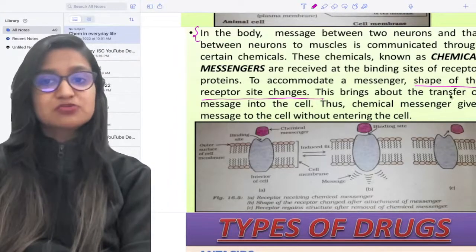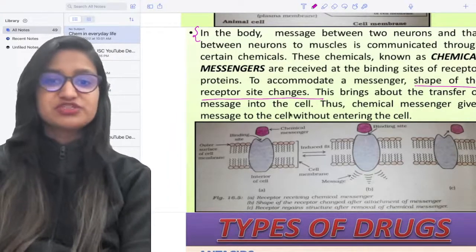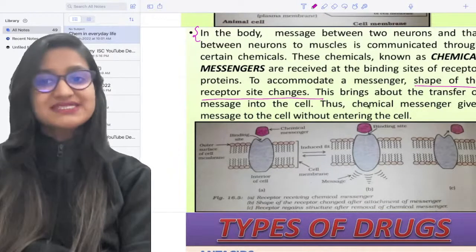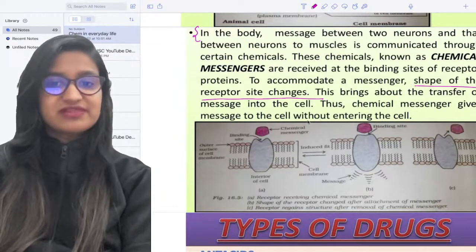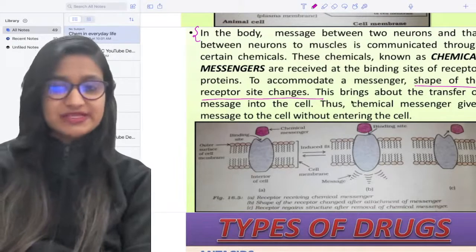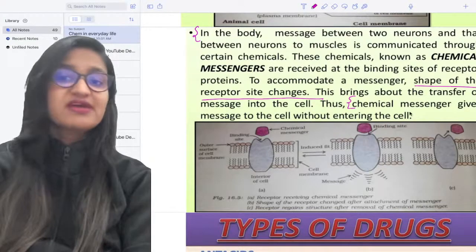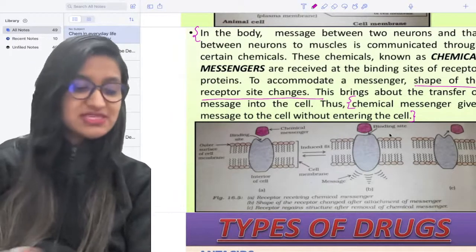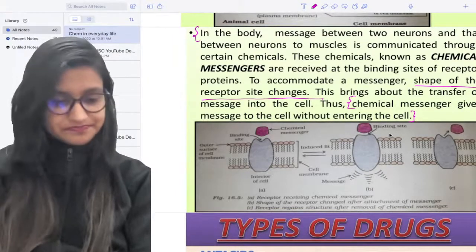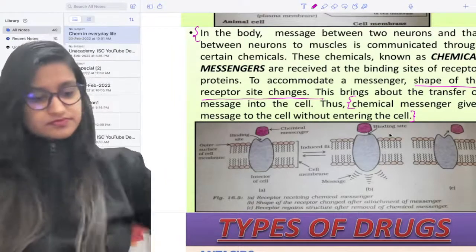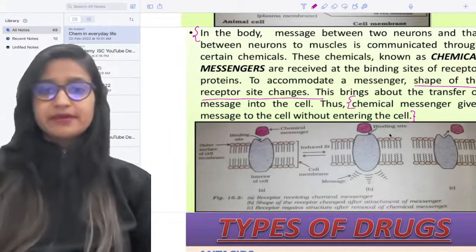This brings about the transfer of message into the cell. Thus, the chemical messenger gives messages to the cell without entering the cell.